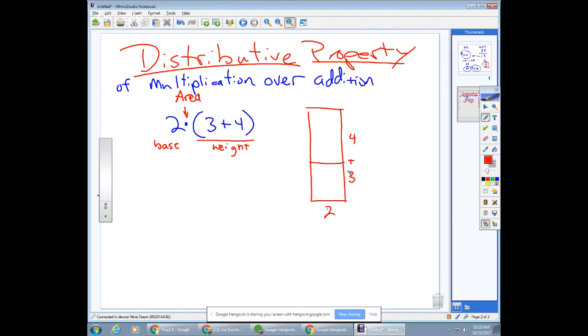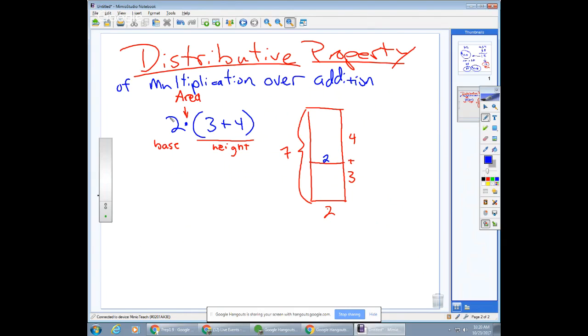There are 2 ways to think about it. If this was a floor plan for part of a house, maybe a hallway segmented somehow, the whole hallway is 7 units long. But each room in this hall is 2 by whatever the other number is. So that base distributes through the whole rectangle, through the whole hallway.